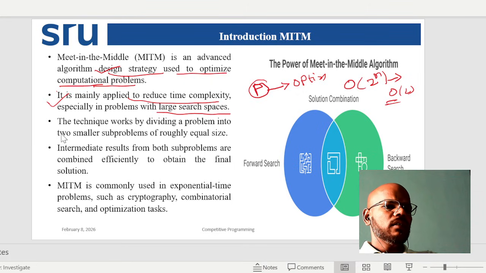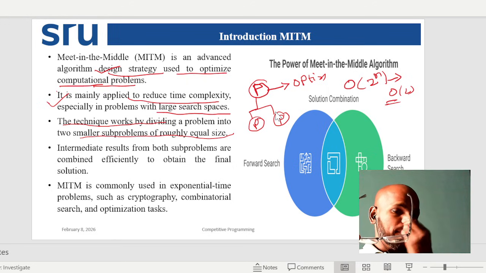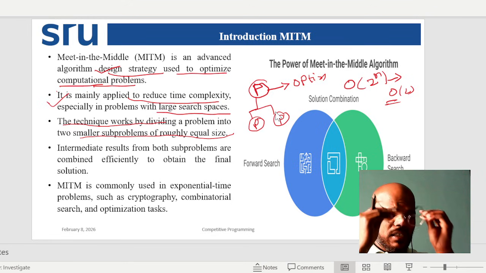Third point, this technique works by dividing the problem into two smaller sub problems of roughly equal size. That means that if any problem is there, it will be divided into two parts. That is sub problem 1, sub problem 2, right?